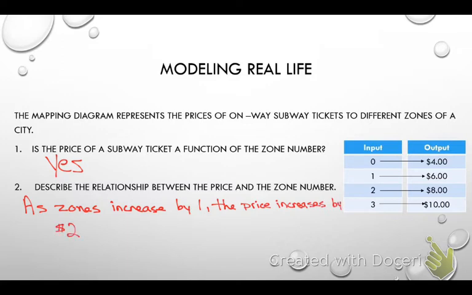As the zones increase by 1, so for every zone you pass through, just like she said, the price increases by $2. So we're just putting that into a sentence instead of calling it input-output. On the quiz yesterday, I did have a couple people say, as the input increases, the output increases, but those were categories in the problem, so you have to name them. So zones and prices was this one.